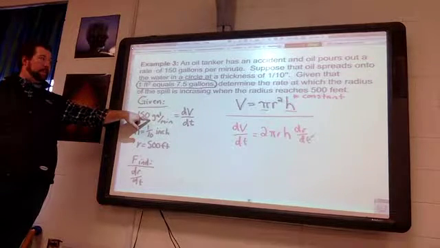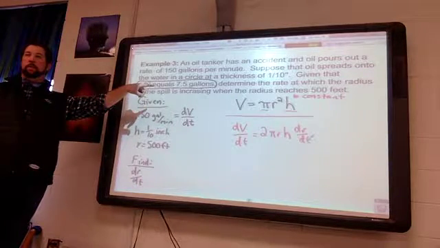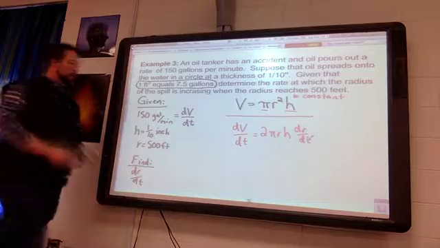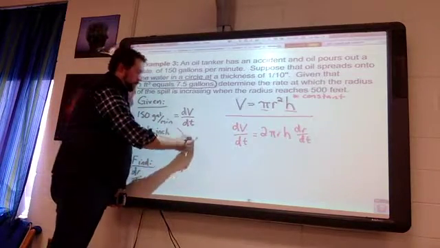The volume, can we change that to feet? Yes. We know 1 cubic foot is equal to 7.5 gallons, so how do we convert? 150 divided by 7.5 is 20.